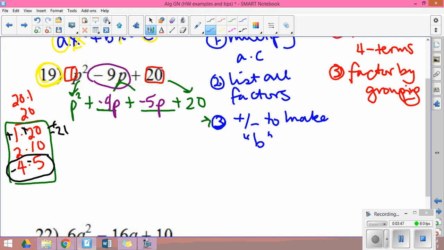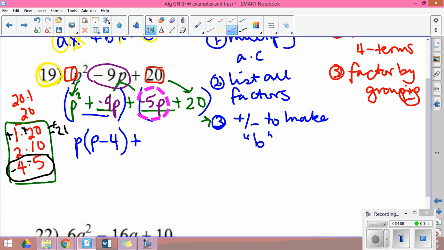I've just rewritten it. So now I'm going to group the first 2, and I'm going to group the next 2. Greatest common factor of p squared minus 4p is p, and that's going to leave p minus 4, plus, when your third term is negative, always factor out a negative. So I'm going to take out a negative 5. Negative 5p divided by negative 5 is p. 20 divided by negative 5 is minus 4.